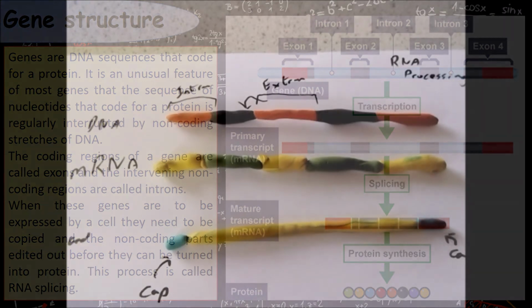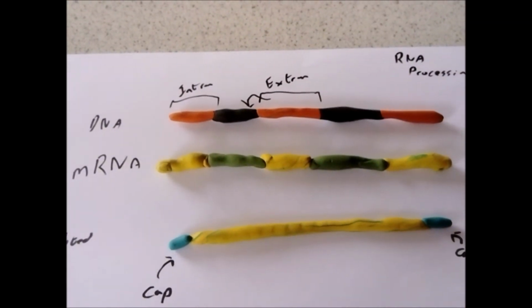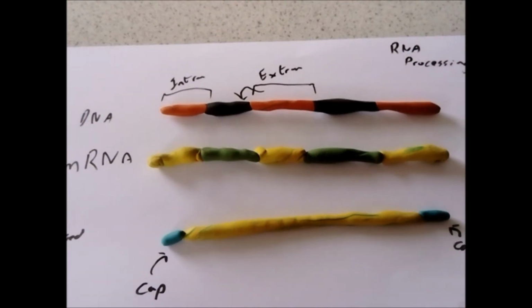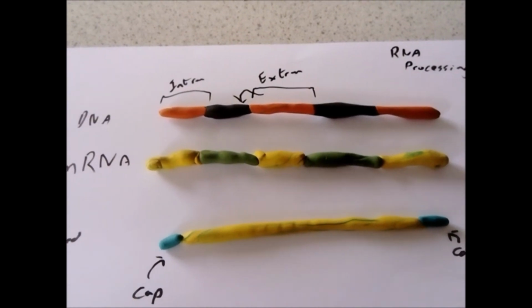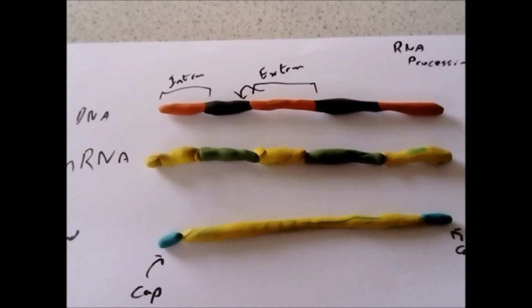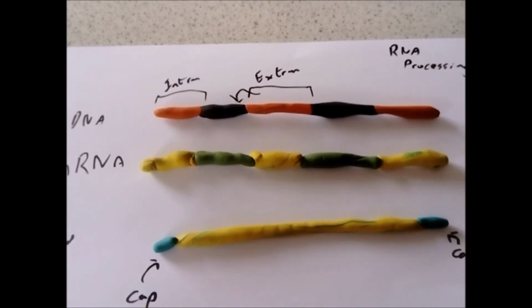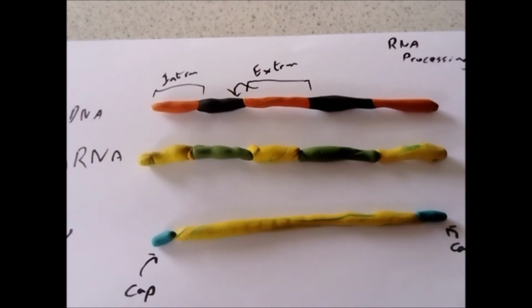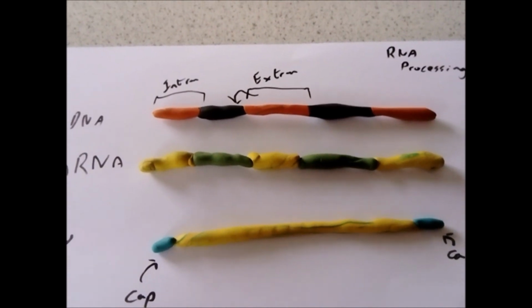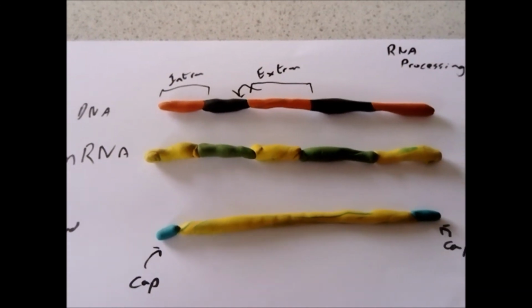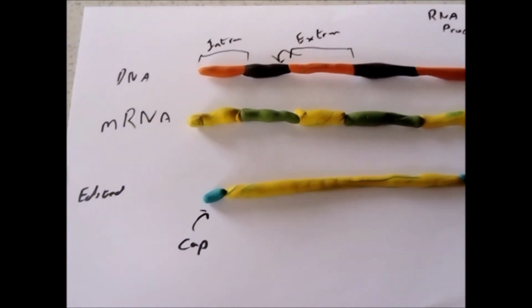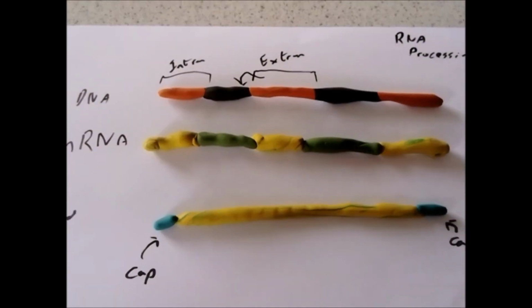So, RNA processing happens after the messenger RNA has been transcribed from the DNA. The DNA contains exons and introns. Remember, only the exons code for genes. After the DNA has been transcribed into messenger RNA, it's then edited.